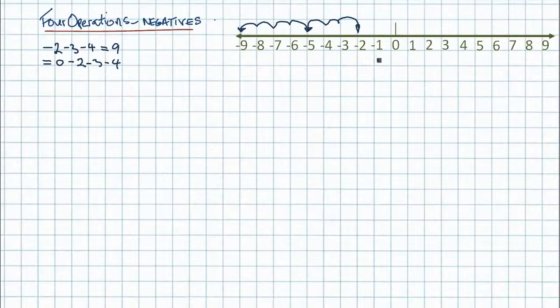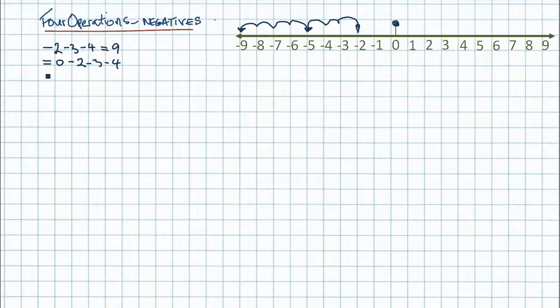So instead of going in a positive direction, we start at 0 here. We're going to add a negative. Well, if we added a positive, we'd go in that direction. If we add a negative, we're going left into the negative. Okay, so we're going in a left-hand direction.